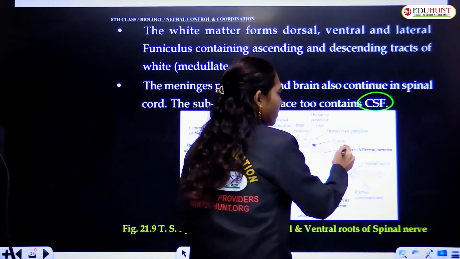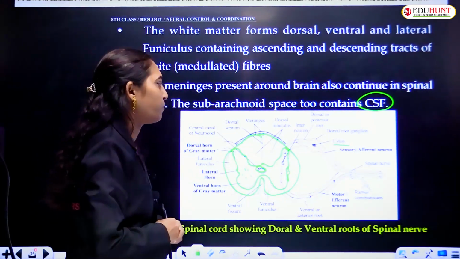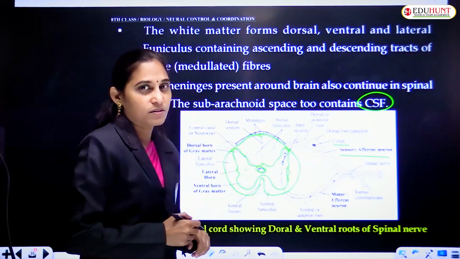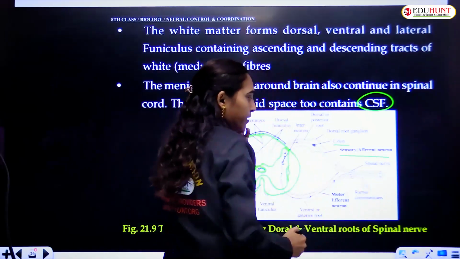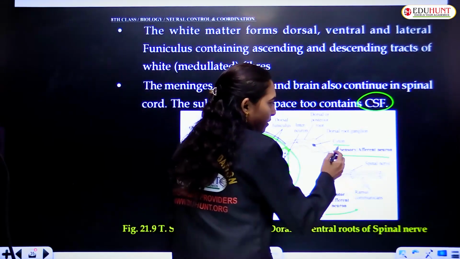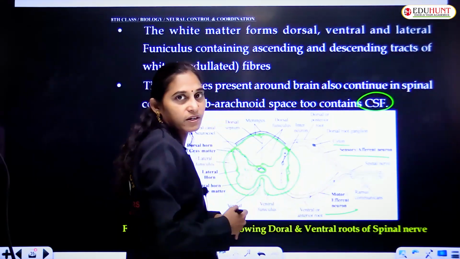And this is a cyton, that is the cell body of the neuron. And these are nerves, sensory neurons, and the spinal cord that is extended. Motor neuron, sensory neuron, efferent neuron.